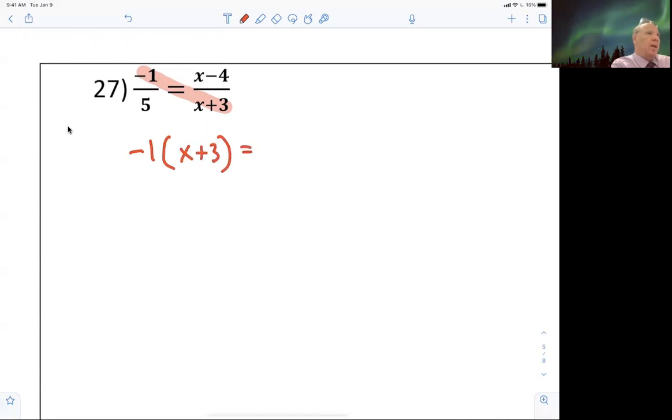Equals. Now what would be the other one? Hurry up. Now you're 5, then what? Yes, now you know how to do a proportion. Cross multiplying. You with me?